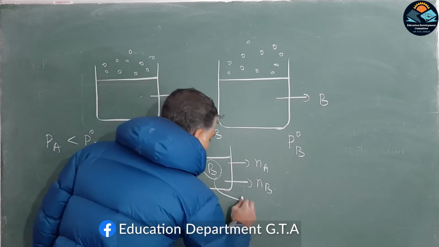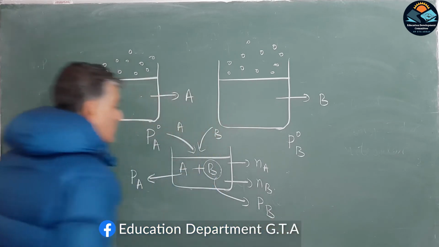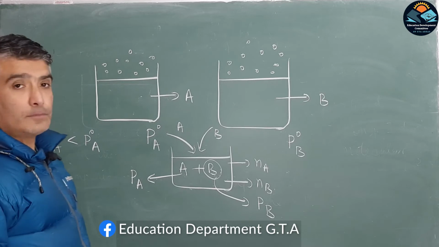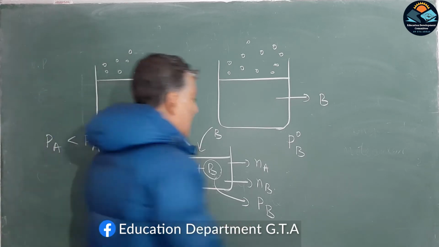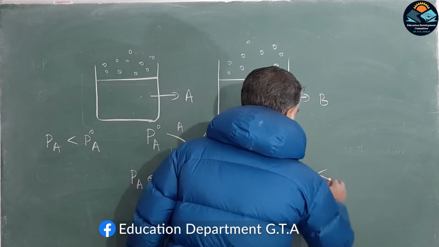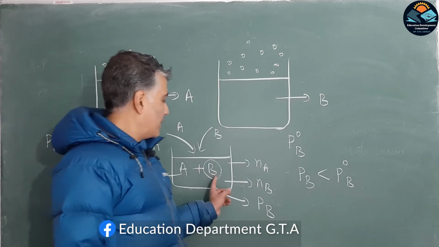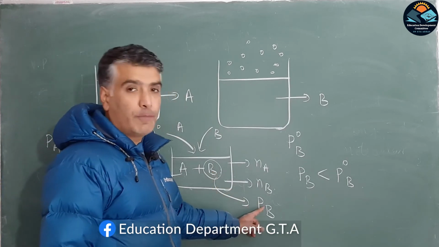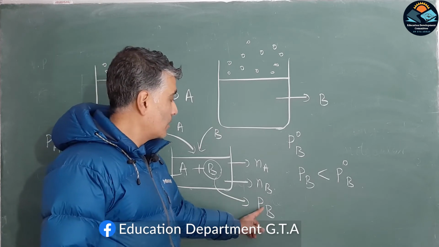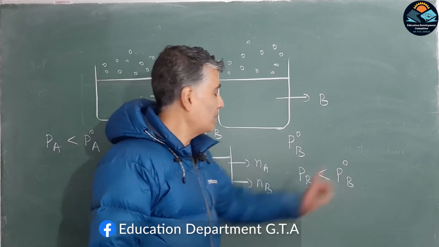So the vapor pressure of B is now going to be, let me write PB. PB is less than P degree B. Why? Because PB is the vapor pressure in the impure state. In impure state, the vapor pressure of B will be lower than when it was in the pure state. So PB is less than P degree B.